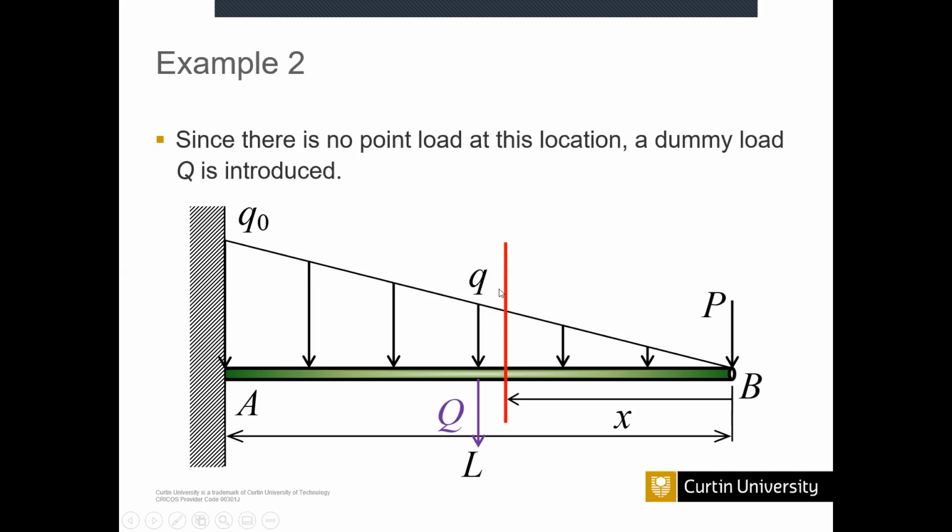If you consider only this part, Q is not affected. So you need to derive the equation for this part and this part separately. That means from 0 to x and x to L, you need to derive equations separately.